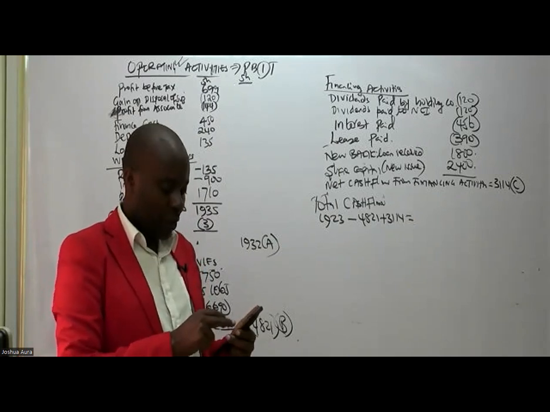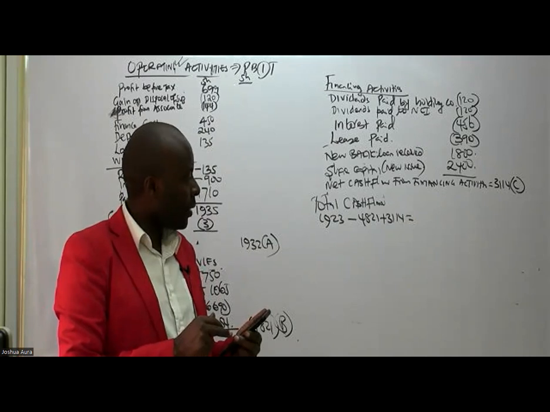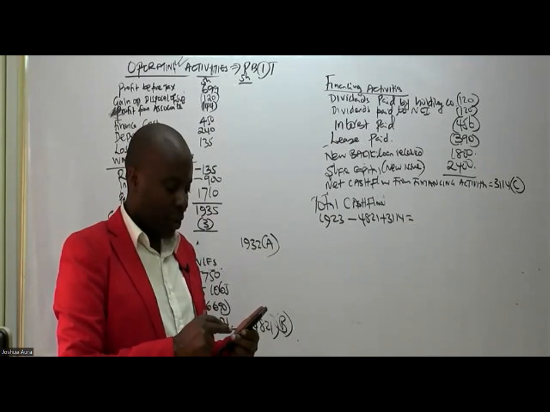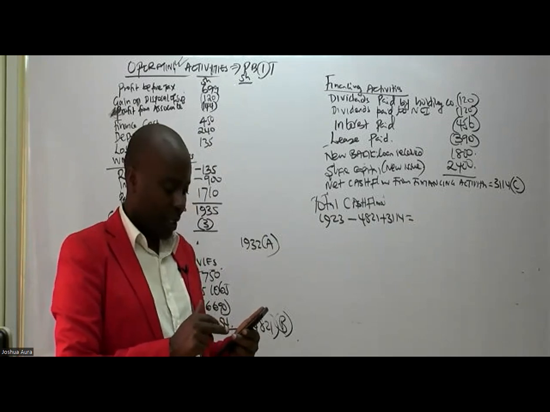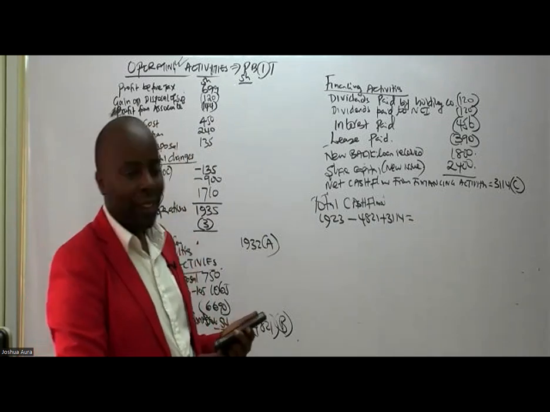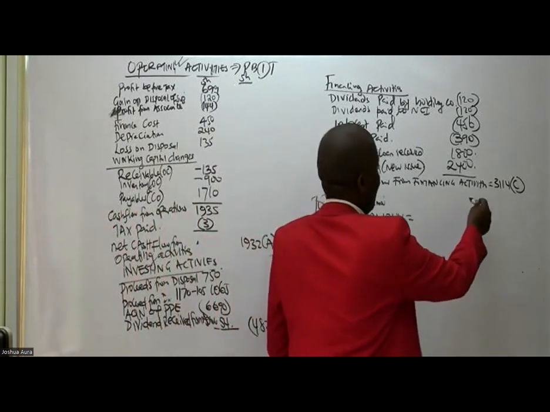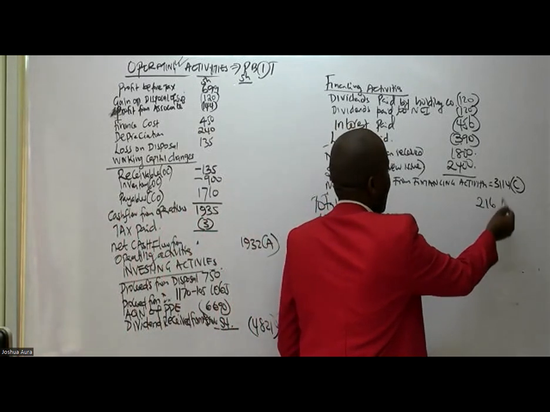So we have this one of 1923 minus 4821 plus 3114, 216. So this is giving me 216.